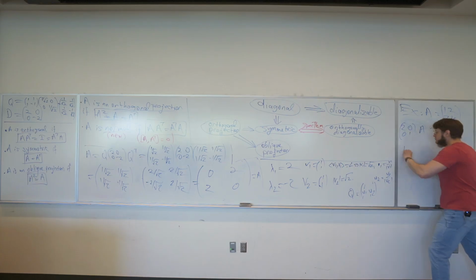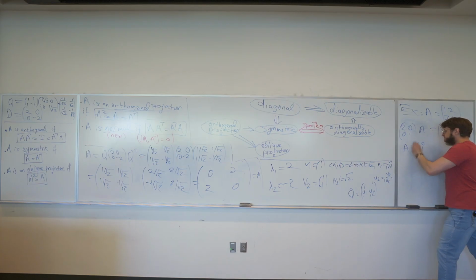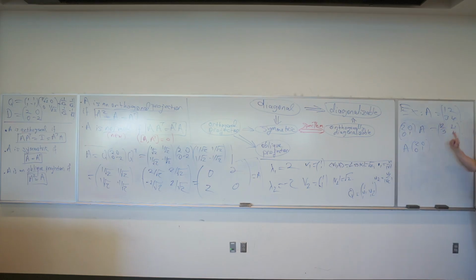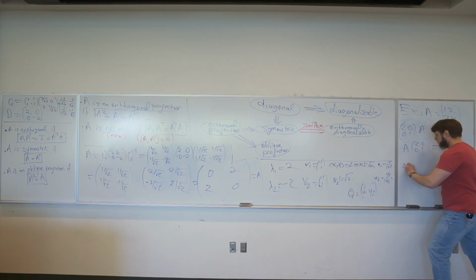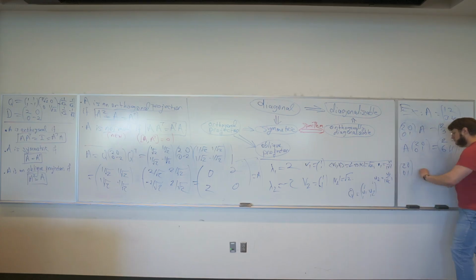Okay? But if I were to do it the other way around, multiply this by this. Okay? Right? So this is going to correspond this time to scaling the first column by 2. Why? Because if I were to take the transpose of this, this is equal to this.